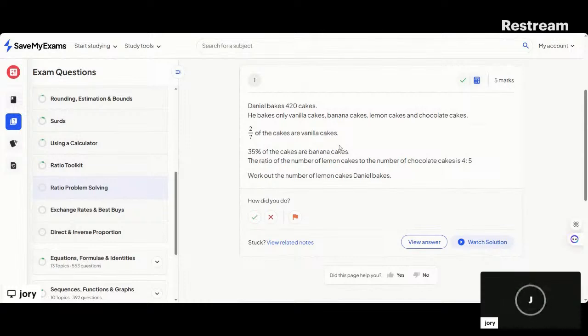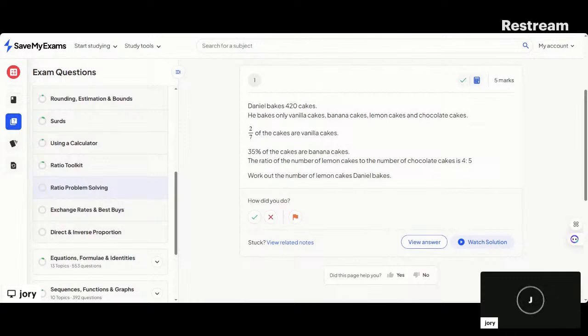You got 420 times 2 out of 7. So 2 out of 7 times 420. You got 120 vanilla cakes. And then 35%, so 35 out of 100 times 420 gives you 147 banana cakes.